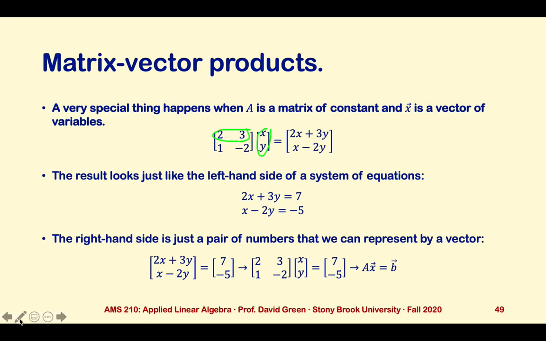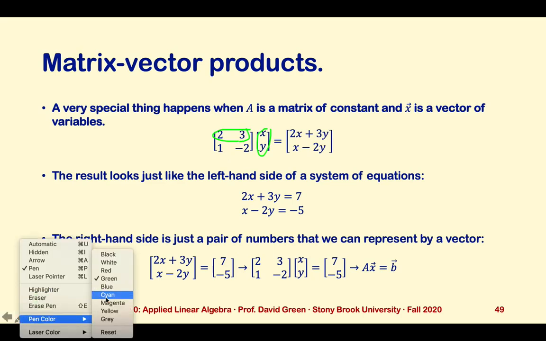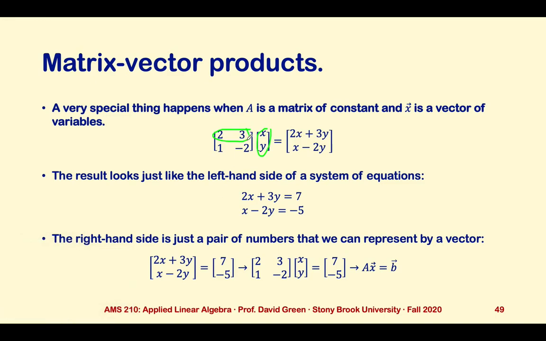We then do the same thing starting with the second row, using the same column: 1 times x plus negative 2 times y is x minus 2y.